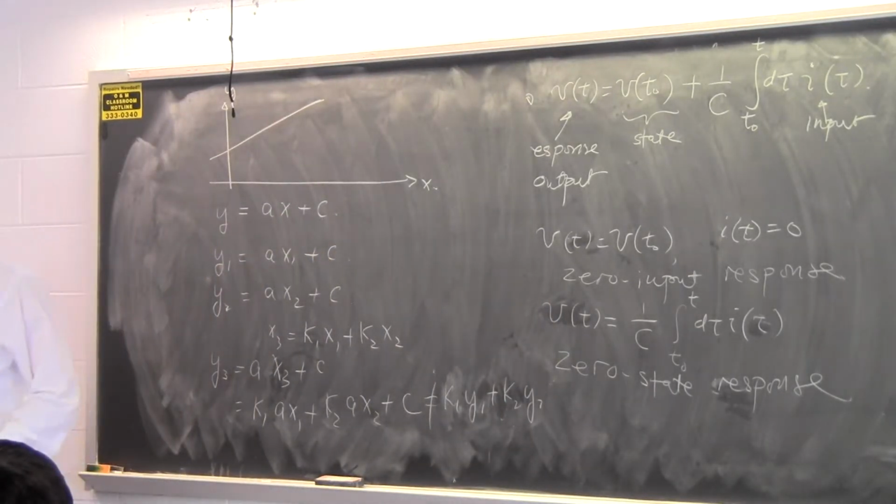Okay? A straight line, a linear line with a constant offset, is not linear by our definition of a linear system. It has to be something that goes to the origin. So if you have two of them together, the system is not linear in our definition of linearity. It has to be either 0 for one or 0 for the other one.